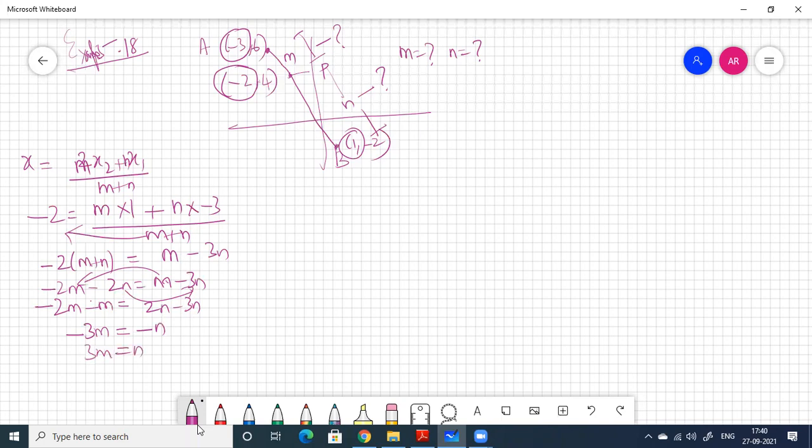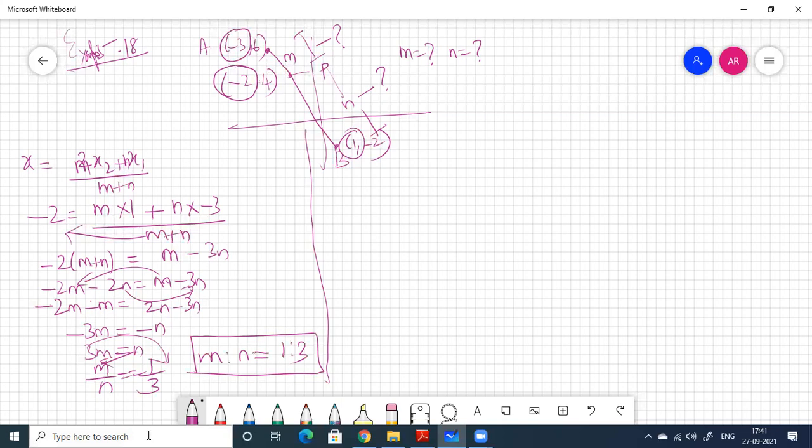So m by n is equal to 1 by 3. That means m to n is a 1:3 ratio. That's all we found out. You don't have to use the y formula also, but if you do, the same result 1:3 should come. You just have to prove it once.